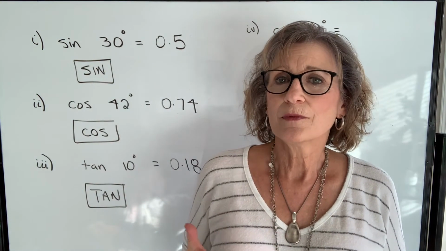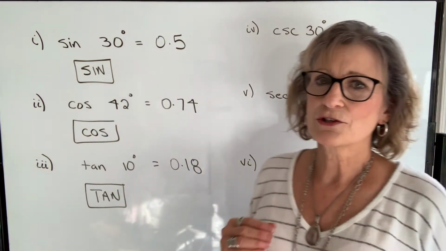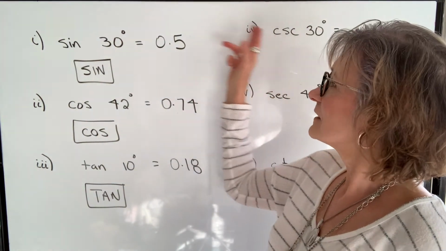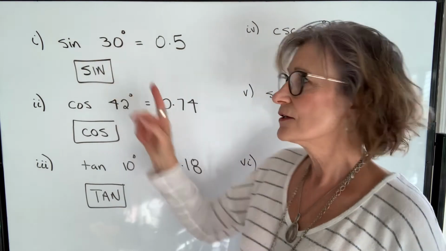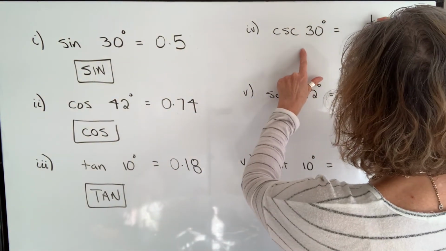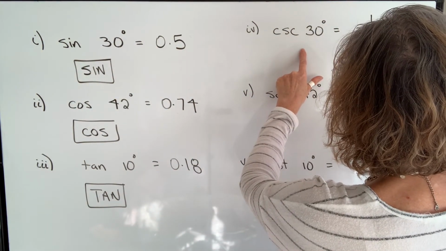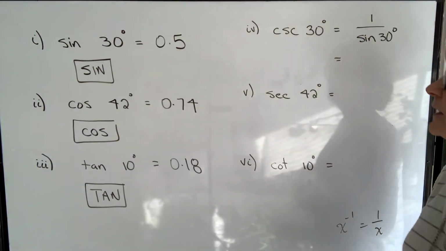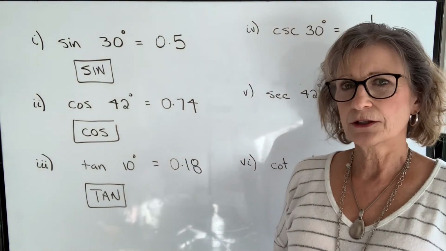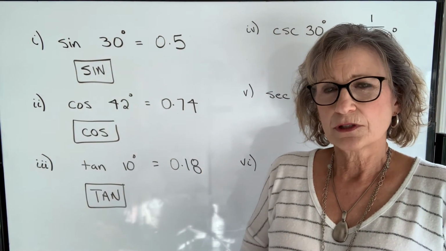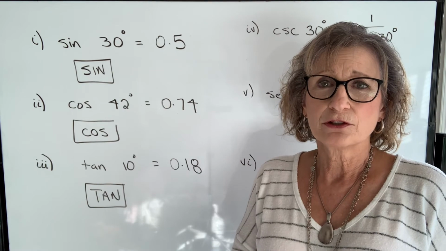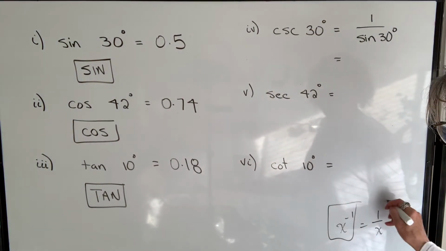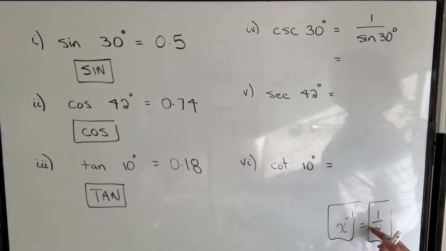So what do we do? Well, we don't have a cosecant function on a calculator, but we do have a sine function, and we know that cosecant is the reciprocal of sine. So really what we're going to find is 1 over sine of 30 degrees. On your calculator, I would start by finding the sine of 30 degrees, and then I simply would take the reciprocal of it using whichever reciprocal button you have on your calculator.